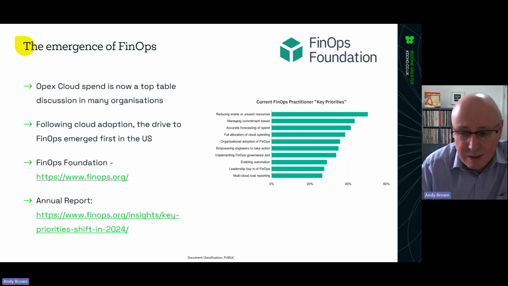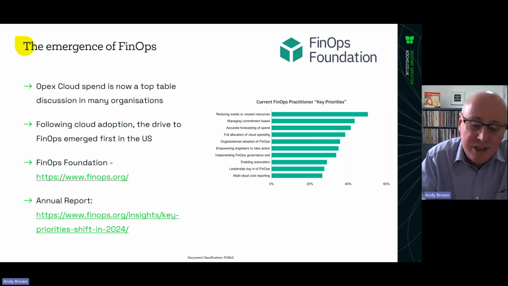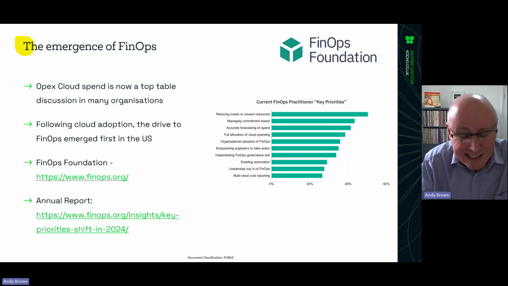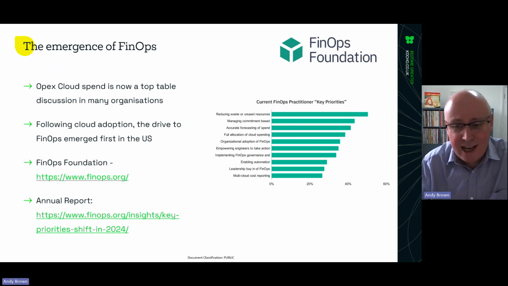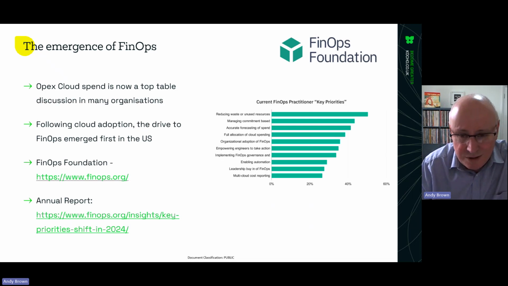So managing that commitment-based spend and making sure you're not over or under committed is an interesting challenge in its own right. For budget setting, how do you forecast what your spend is going to be going forwards? And how do you model out not just how your cloud spend will go in the future?